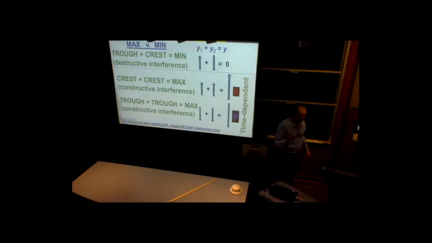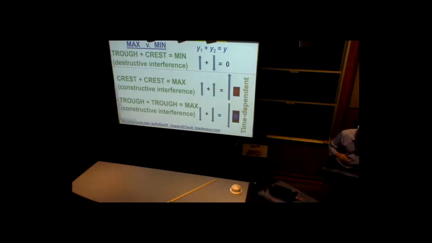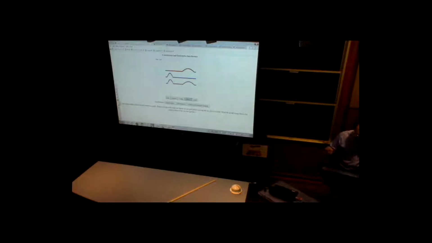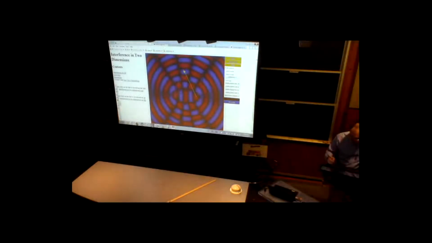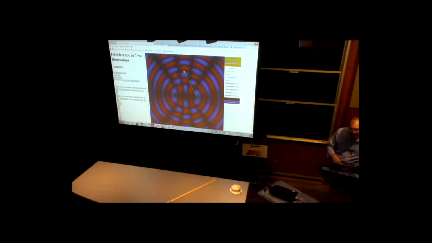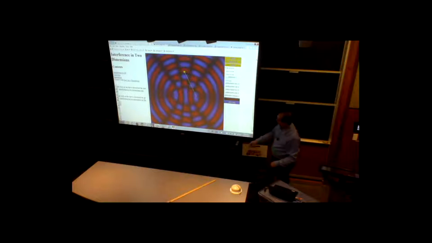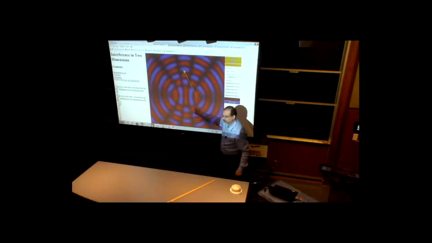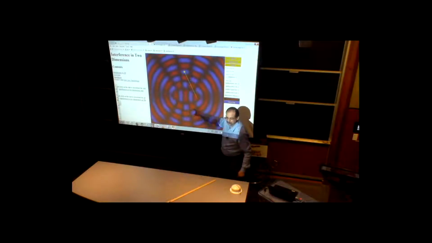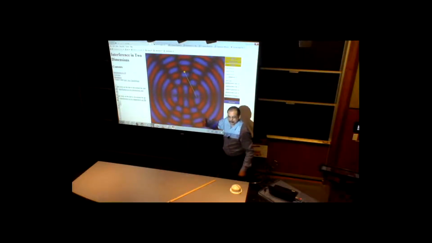In our model, we could see it because the model is slow. Yeah? The model is slow. So right here, see, black and red and blue and black, etc. So that's what is happening with the total wave.